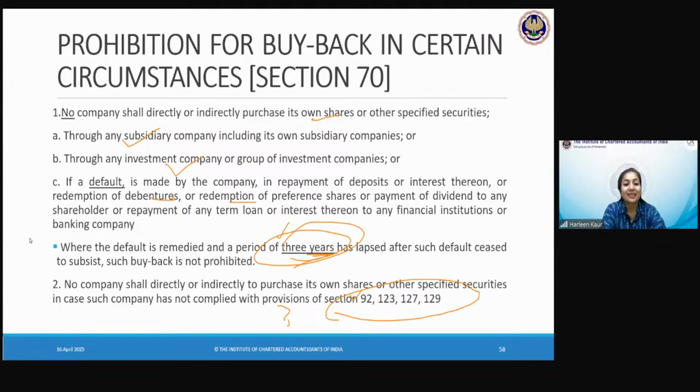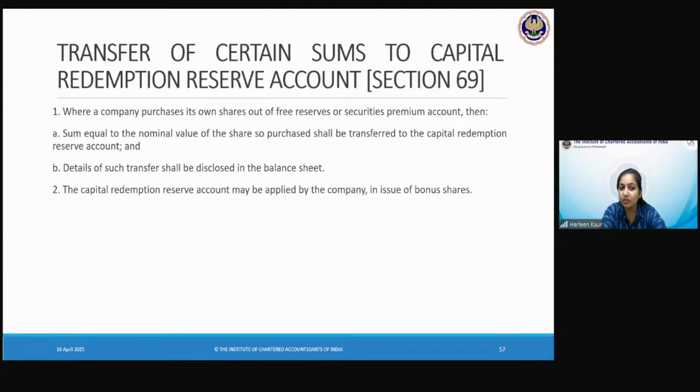Okay. Then section 69, let's go back. Section 69, everybody understood. Transferring of the sums to Capital Redemption Reserve. If you have done the buyback of securities, you can do the buyback from 3 things, ma'am: free reserves, security premium, and fresh proceeds. If you have done the buyback from fresh proceeds, do you need to create CRR? Yes, ma'am, or no, ma'am?